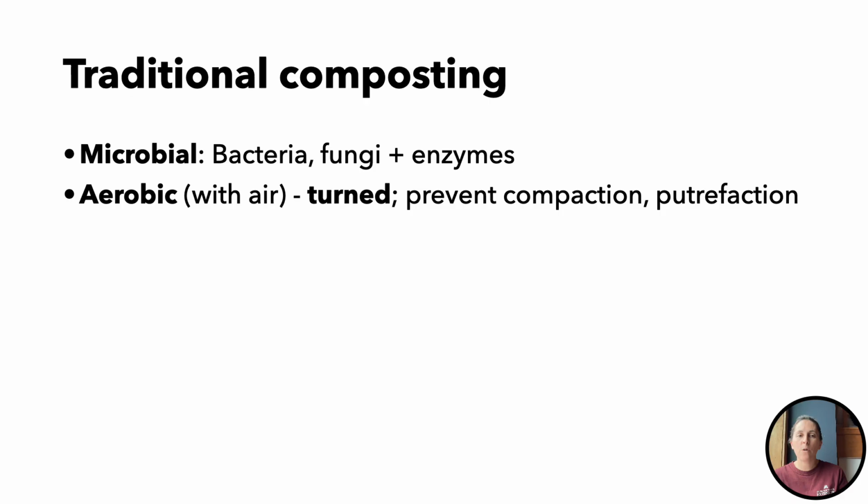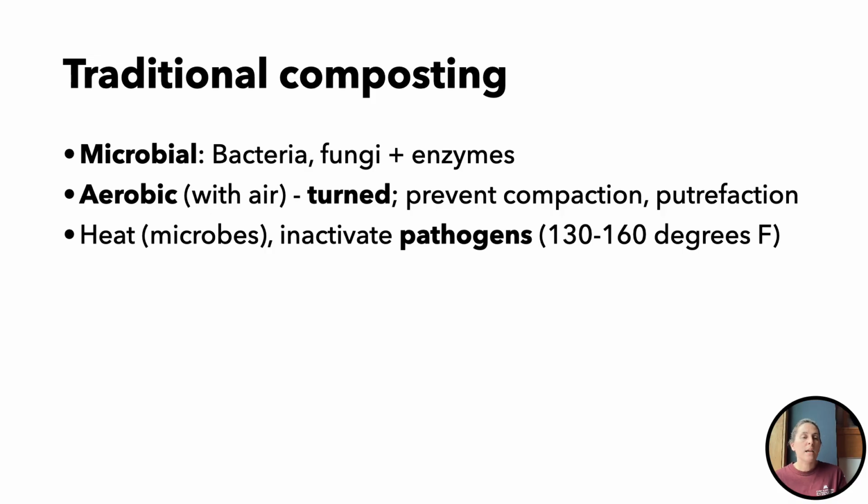This is an aerobic process, meaning with air. So traditional composting requires some input from us, the composters, to turn the pile and make sure that that pile doesn't become compact and prevent putrefaction. And so we need to actually get out there and turn it some way or another.